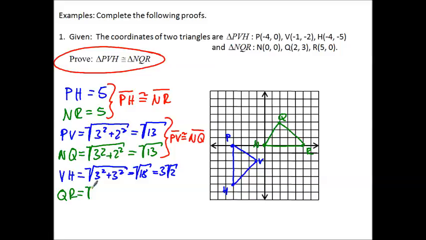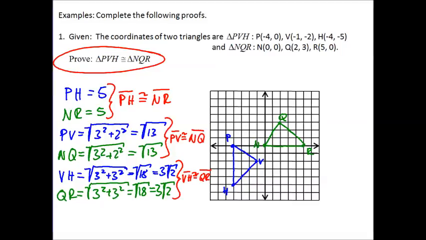QR is the square root of, again using the Pythagorean theorem, we know that the 2 sides are 3 squared plus 3 squared. Taking the square root of that, square root of 18, we come up again with the same numbers. So it has got to be 3 times the square root of 2. And segments VH and QR are also congruent.